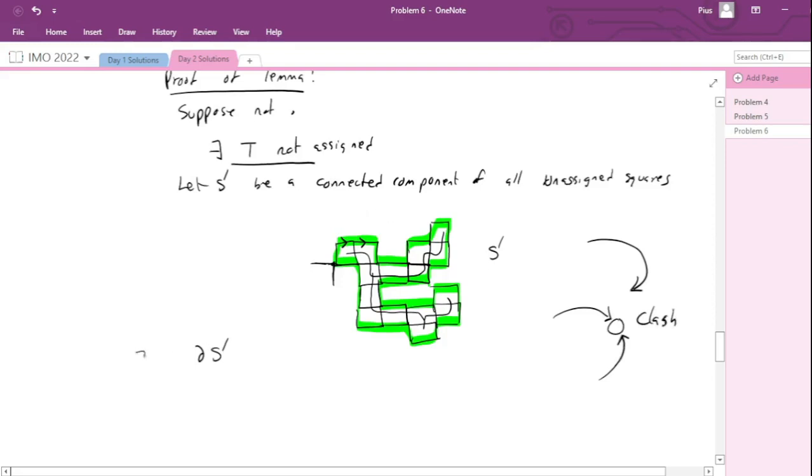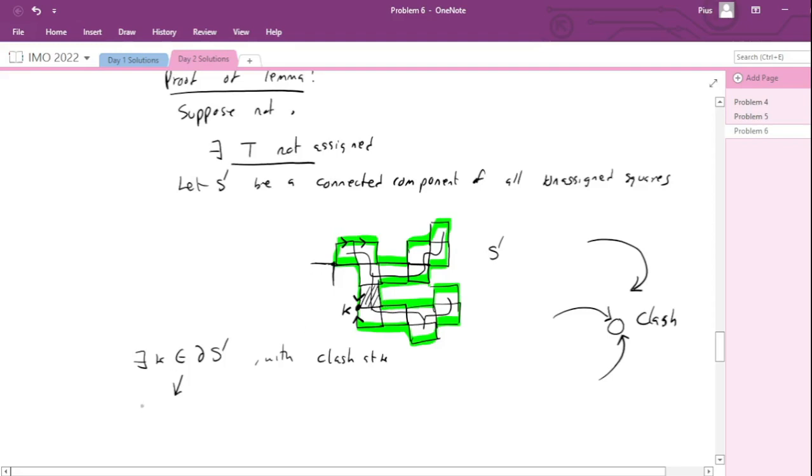So there exists K at the boundary where there's a clash at K. Okay, so we could have a K, let's say somewhere here, where there's a clash, meaning that one arrow is going one way along the boundary, while another is going another way. Okay, so once we have a clash, we have two things to look at. So first of all, since it's in the boundary, it means that it's going to be a vertex of at least one square that's in S prime.